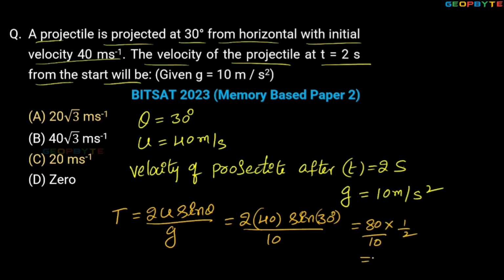So it is equal to 4 seconds. The time of flight is 4 seconds. Since the time of flight is 4 seconds, time of ascent equal to time of descent, that is equal to 2 seconds. Then indirectly it is asking what is the velocity of the projectile when it is completing the time of ascent. By the time of ascent is completing, the projectile has reached the maximum height.